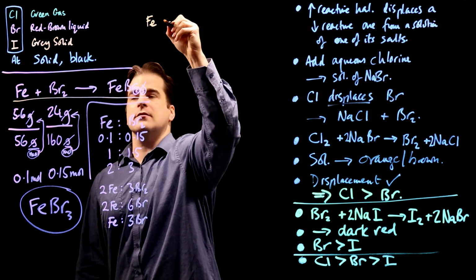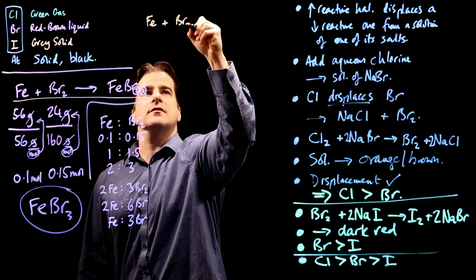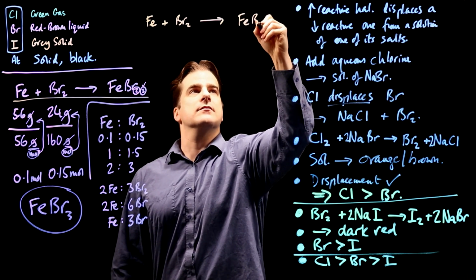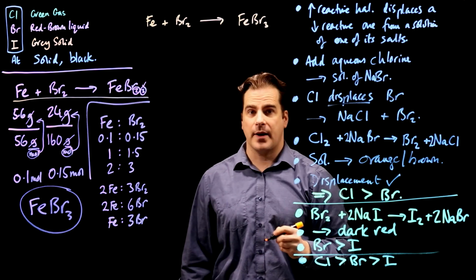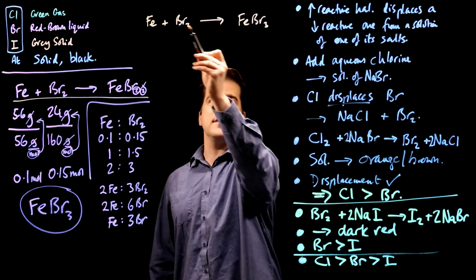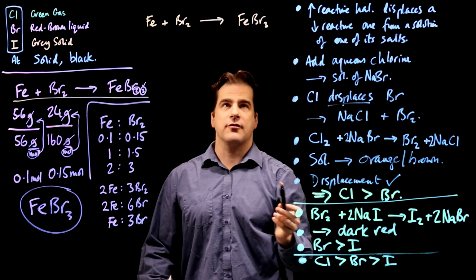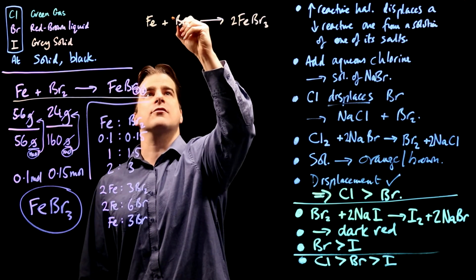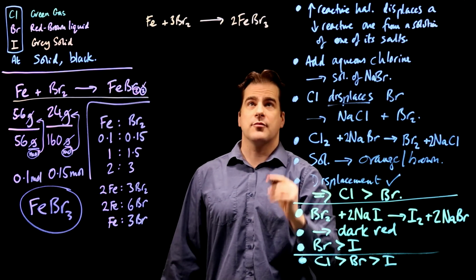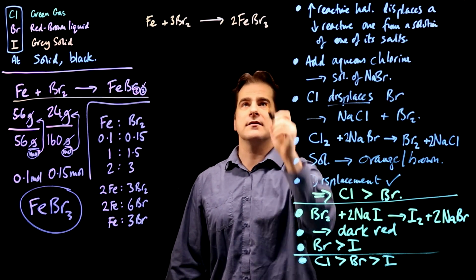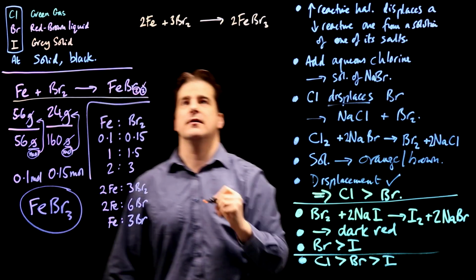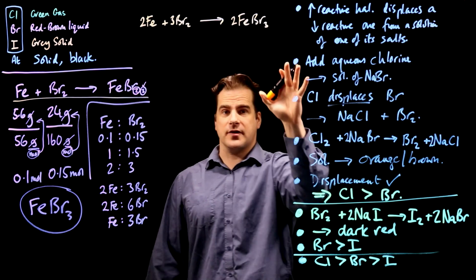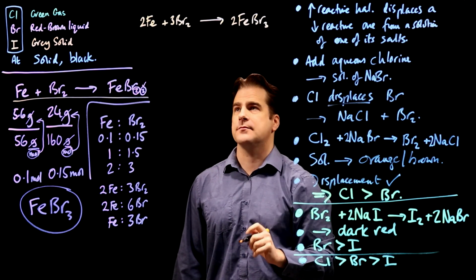So it's iron plus Br2 is making iron bromide. Okay, is that balanced? No, it's not. There's 2 bromines there, there's 3 there. 2 and 3 both go into 6, so we're going to need a 2 there probably to get 6 bromines and a 3 there. Okay, the bromine's balanced now. What about the iron? There's 2 there and 1 there, so if we put a 2 there, then it's all good. Okay, so that's what's going on in this reaction, balanced.